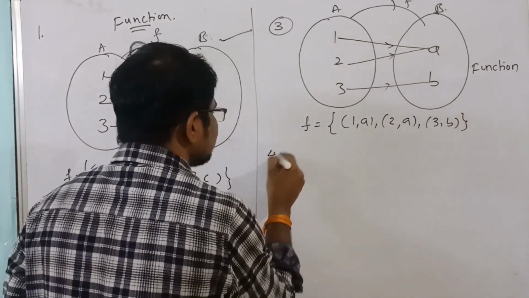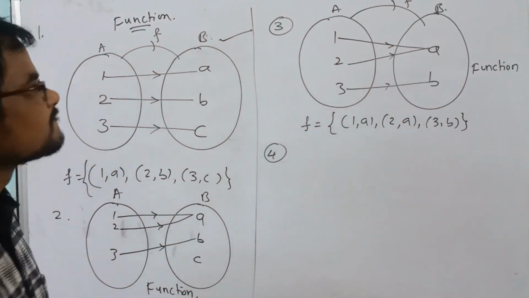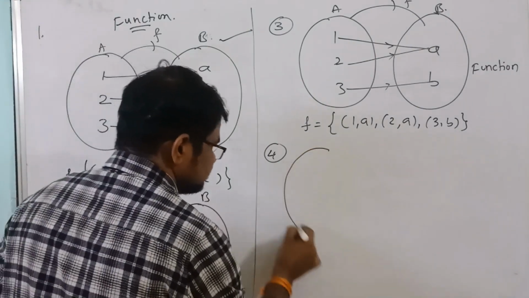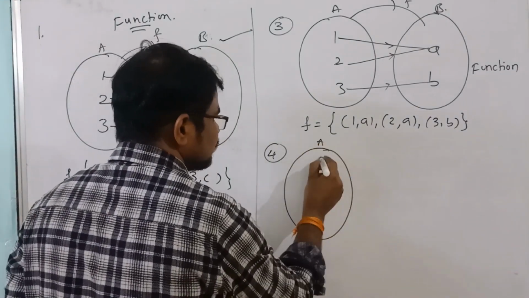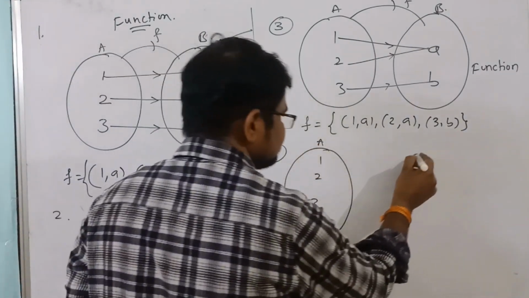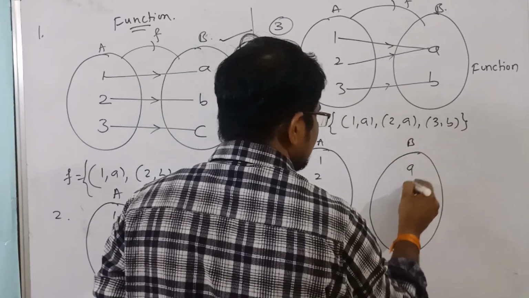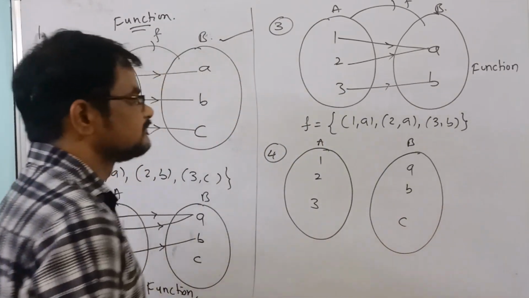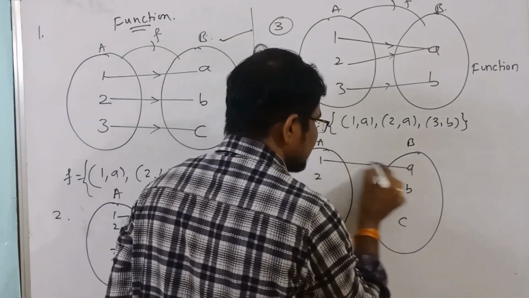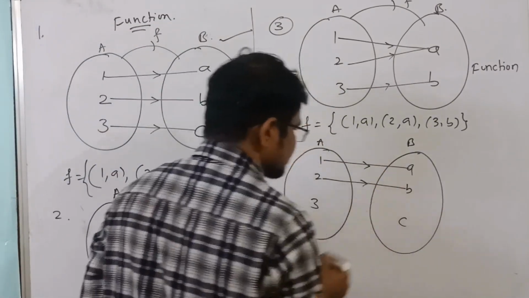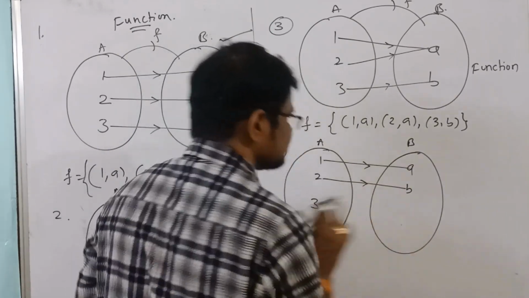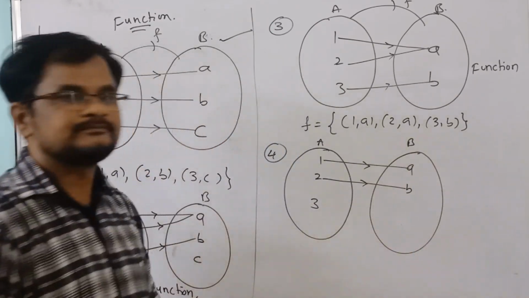Next, come to the fourth one. Like this, you take A as 1, 2, 3 and B as A, B, C. Suppose it is like this. Is it a function?